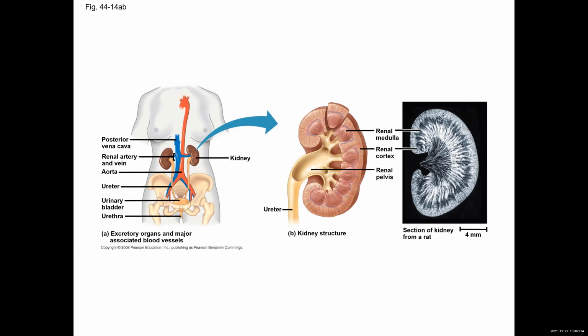So if we look at humans, there's only about 15% of those nephrons. But if we look at a desert animal that needs to be much more stingy with its water loss, we'll see that a much higher percentage of its nephrons are going to be that long kind that really allow it to magnify the ability to reabsorb water.